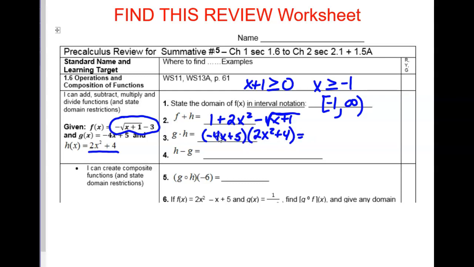Okay, first term times first term would be what? -8x cubed. Outside terms or inside terms, I'm going to do inside next because it's 10x squared, and then the outside is a -16x, and last times last would be a plus 20.